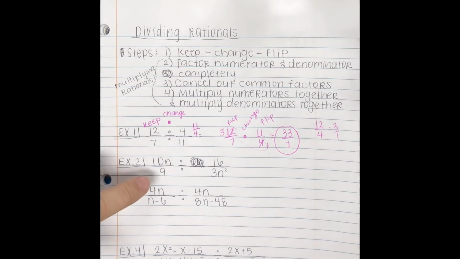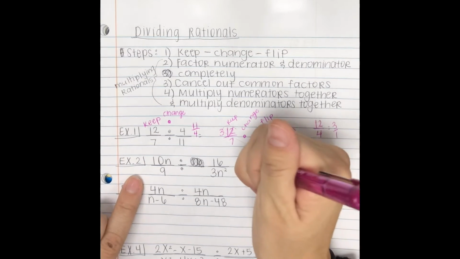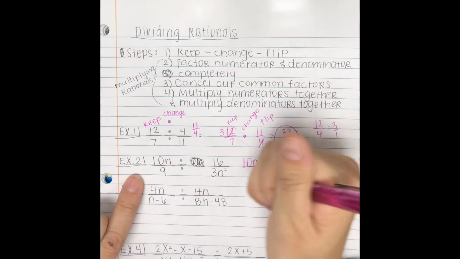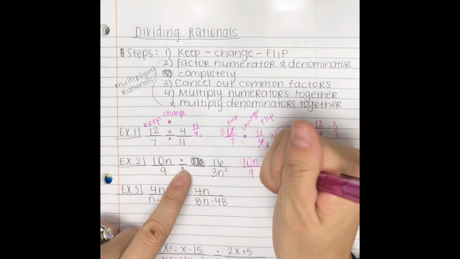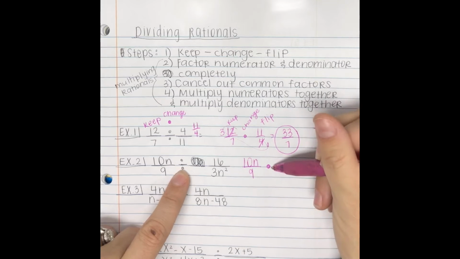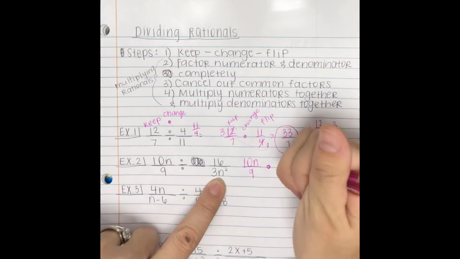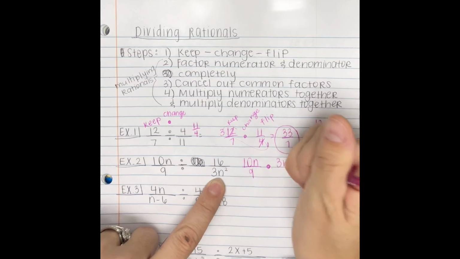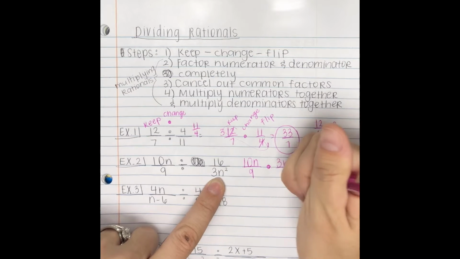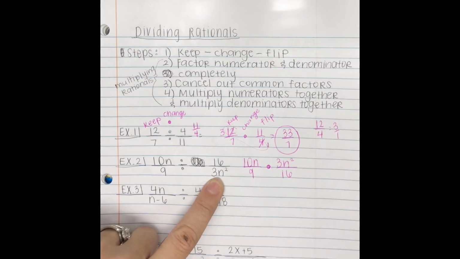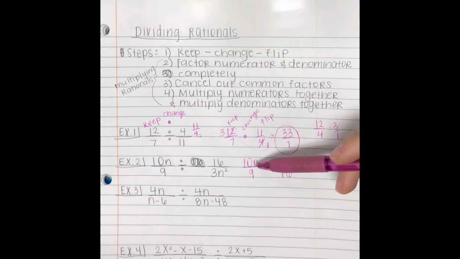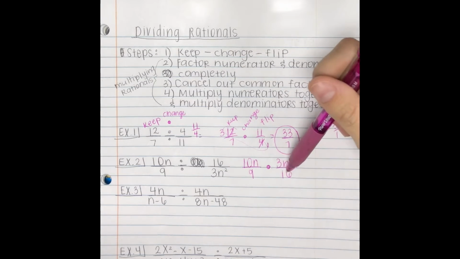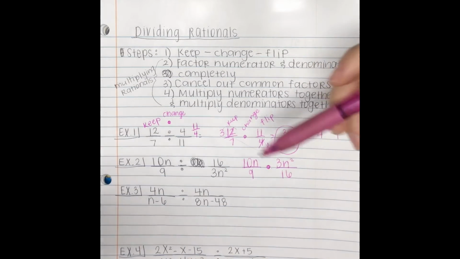Okay, so example 2, keeping my first fraction, 10n over 9, changing division to multiplication, and then flipping my second fraction. And then I'm going to simplify. So I can't simplify this way or this way, but if I look diagonally, I can simplify some.